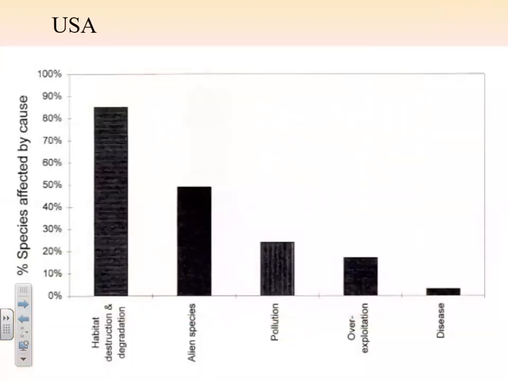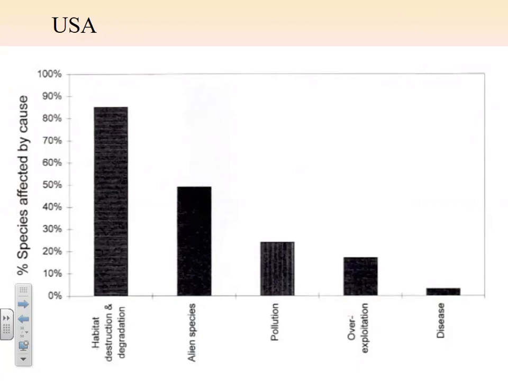So looking at why things go extinct, percent of species affected by each thing, almost 90% of species in the United States have some amount of habitat destruction or fragmentation due to humans. That's pretty wild if you think about it, that nearly all the species in the United States have some type of habitat destruction going on.